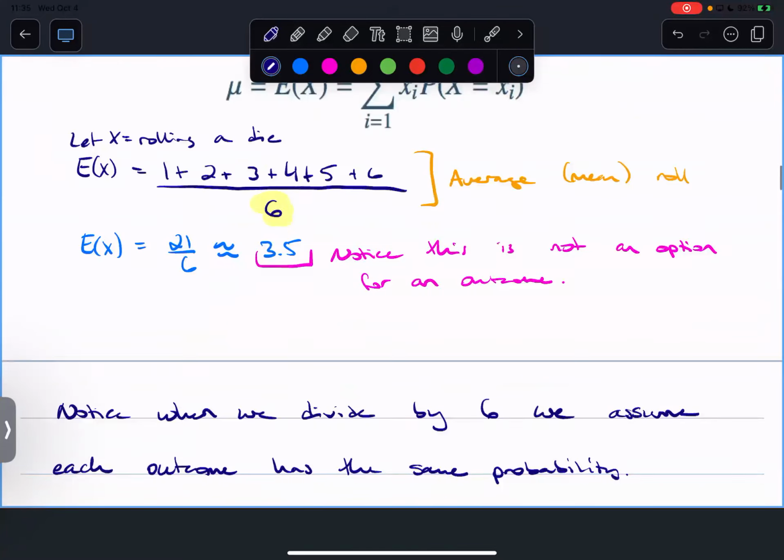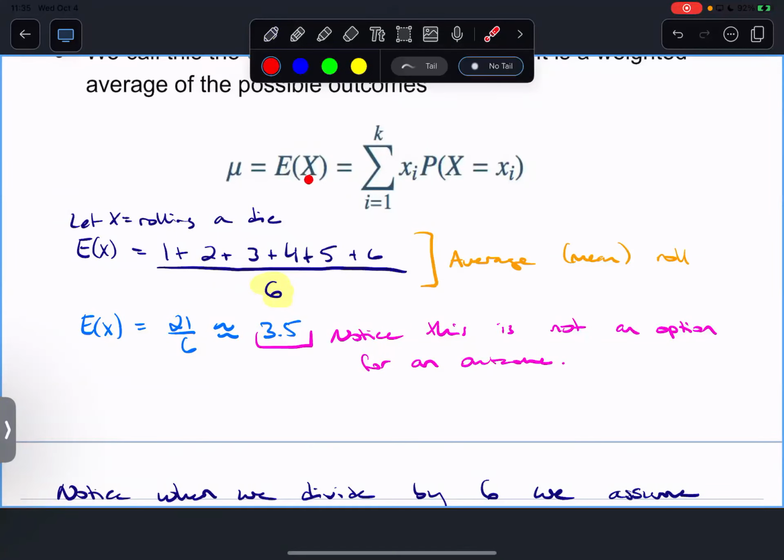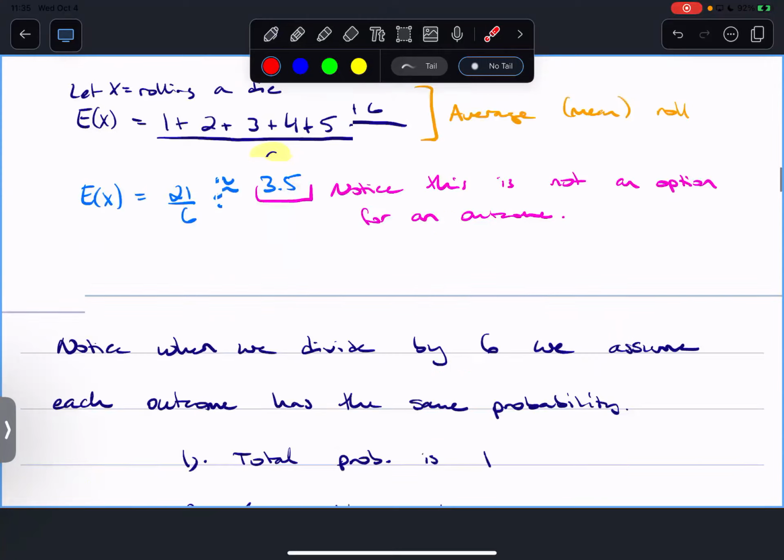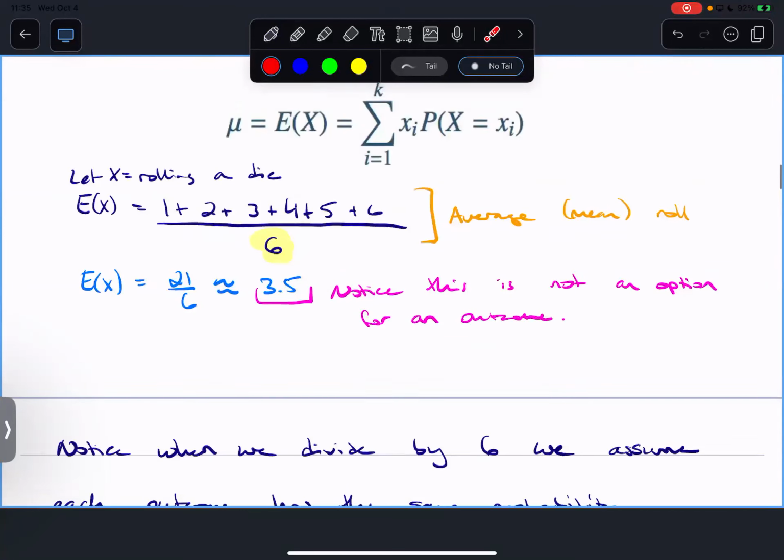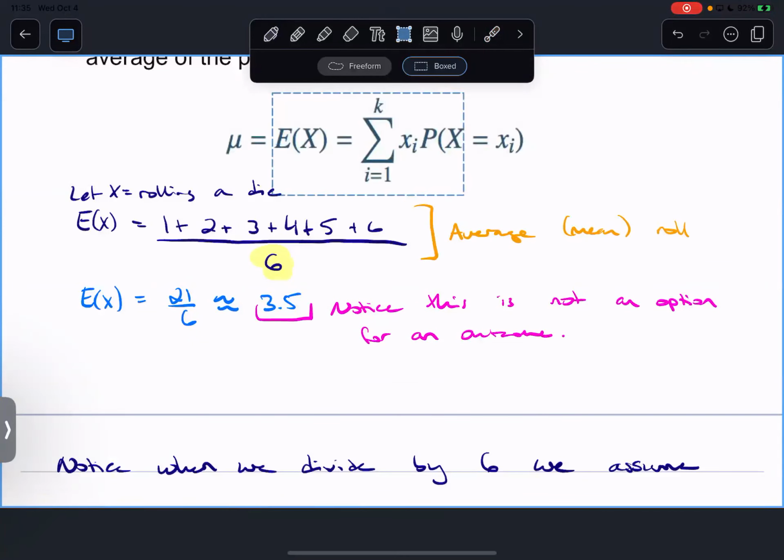So now if I map this back to this formula, I'm going to drop the mu here. It's true, obviously, but let's just drop it for simplicity's sake.